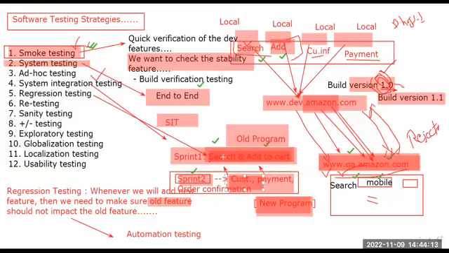Any other doubts? Anyone? I think you guys have a lot of applications on your mobile, right? And you get notifications like, hey, update your mobile application frequently. After updating it, we get some new feature, yes or no? And after updating, are only the new features working, or are the old features also working?